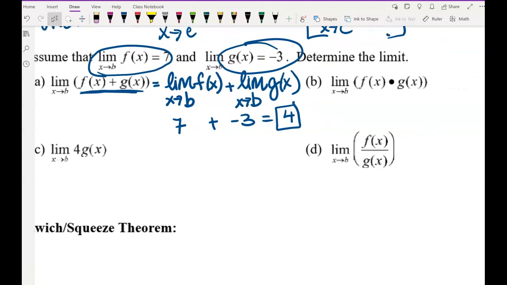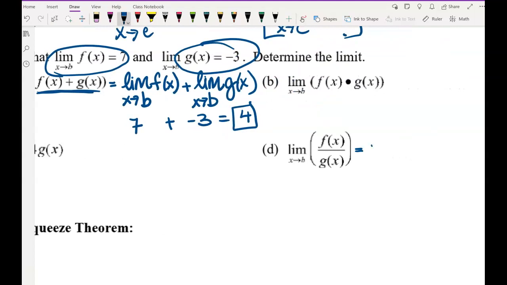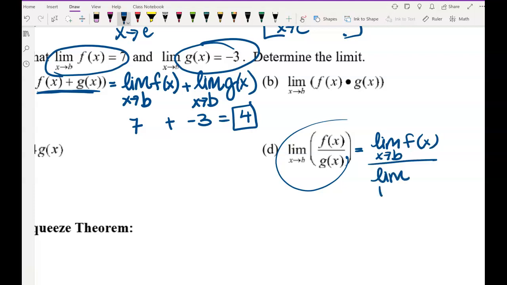Similarly with the quotient rule, if we do the limit of f of x divided by g of x, that is exactly the same as doing it independently, just like this. If we find the answers independently first, which we do have, the limit as x approaches b of f is 7.